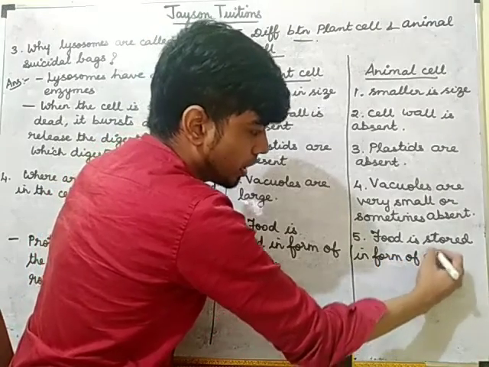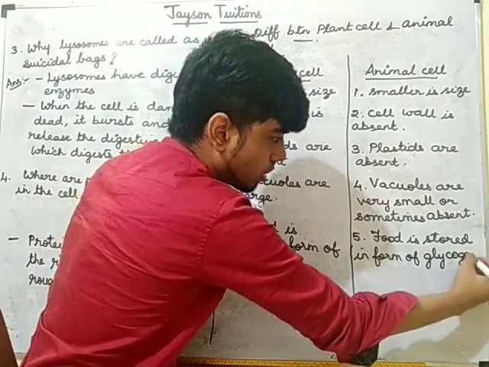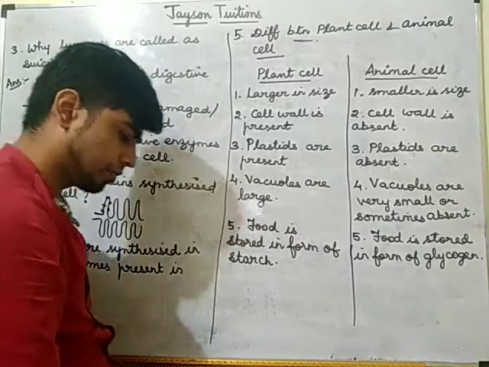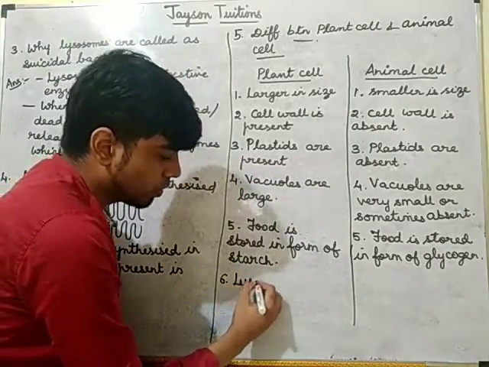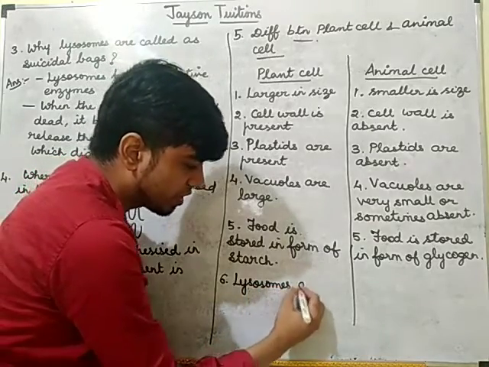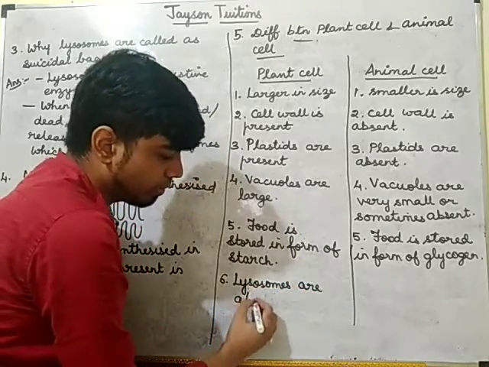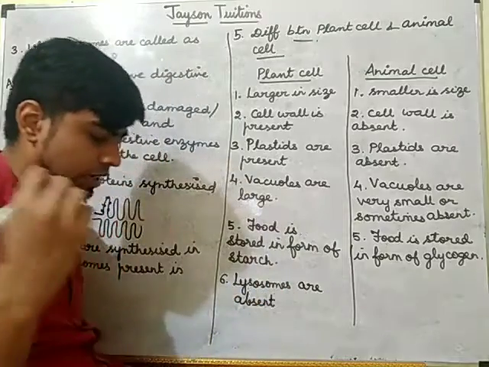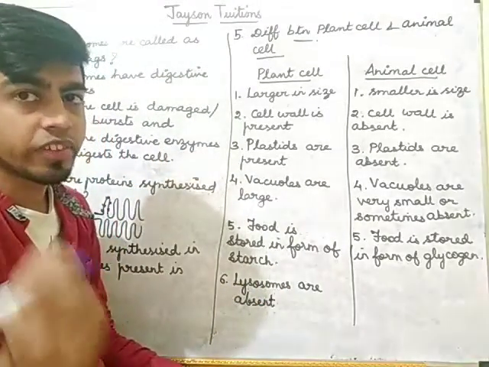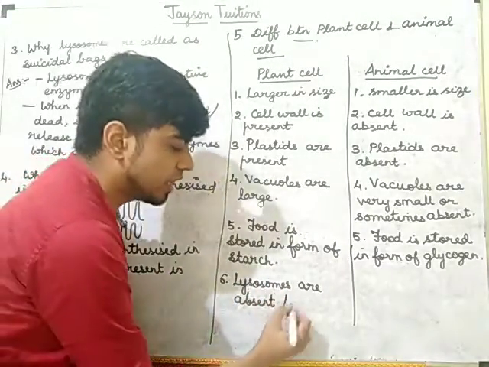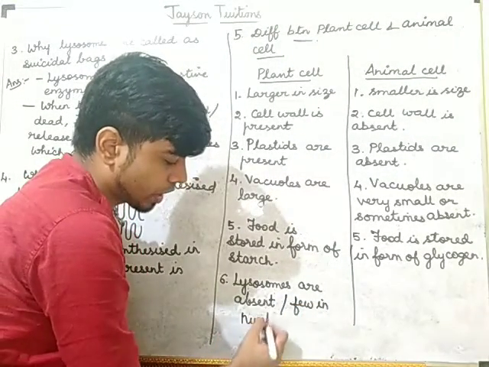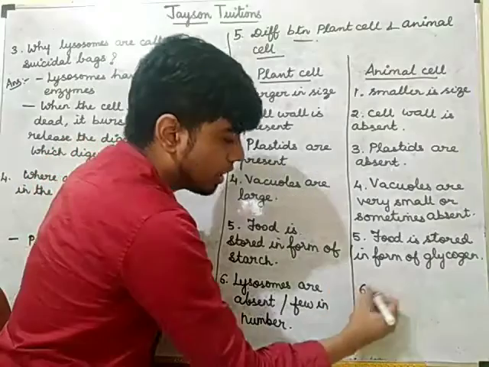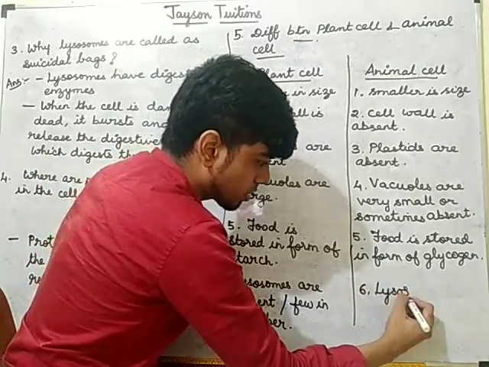Lysosomes, the suicidal bags of the cell, are absent or very few in number in plant cells, whereas in animal cells lysosomes are present.